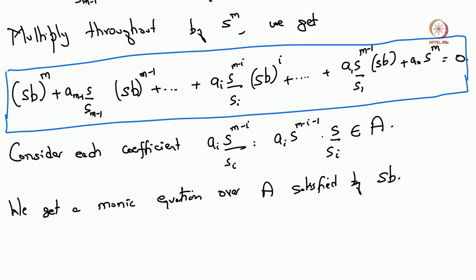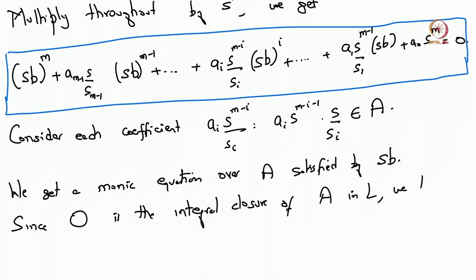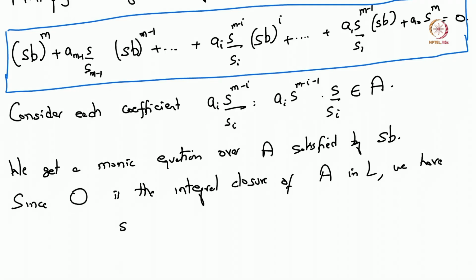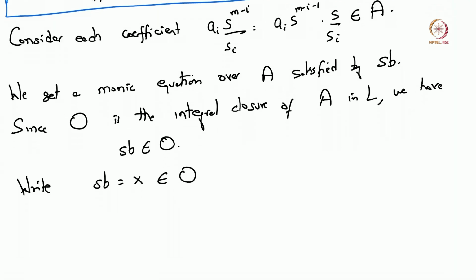Okay. Since O is the integral closure of A in L, what this means is that this element s times b must belong to O. And so if we write sb as some x which belongs to O, this just means that b equals x over s.